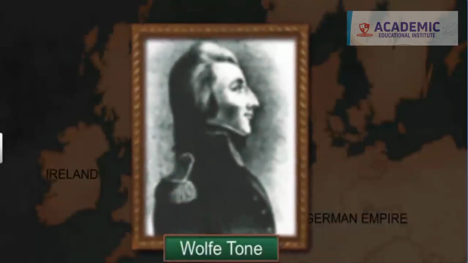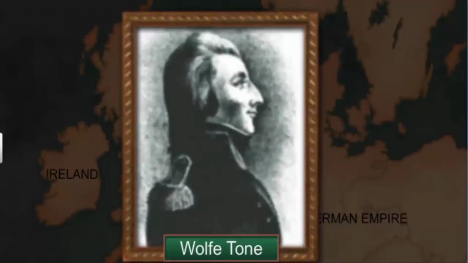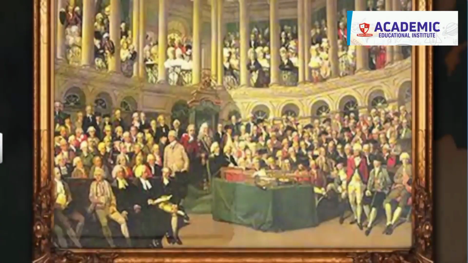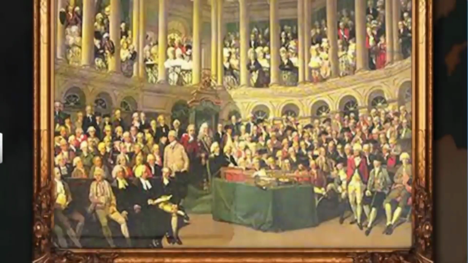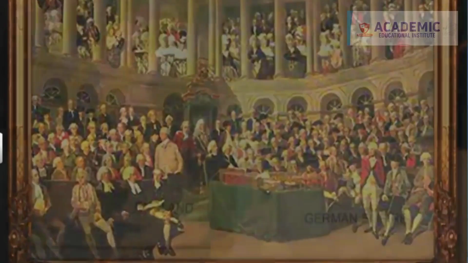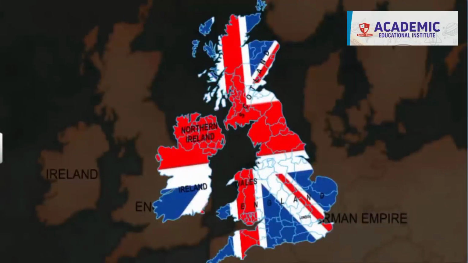Wolfe Tone, also known as the father of Irish republicanism, revolted against the British but failed. In 1801, Ireland was forcibly incorporated into the United Kingdom. The symbols of New Britain were the English language, the British flag, the Union Jack, and the British national anthem.